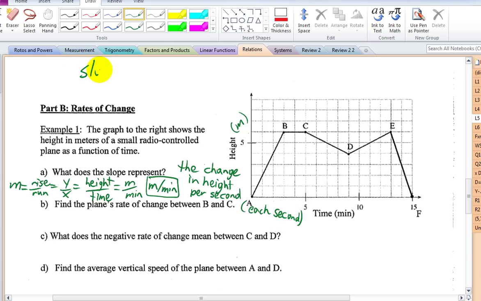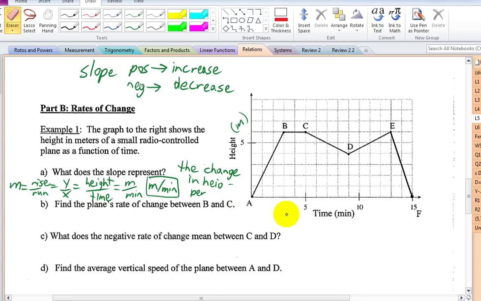For your slope, okay, a positive slope refers to an increase, and a negative slope refers to a decrease. So you need to make sure you use those types of words in your description. Navjeet? Wouldn't it be the change in height per minute? Ah, darn it. Yeah. So change in height per minute. Okay, or each minute. Thanks.